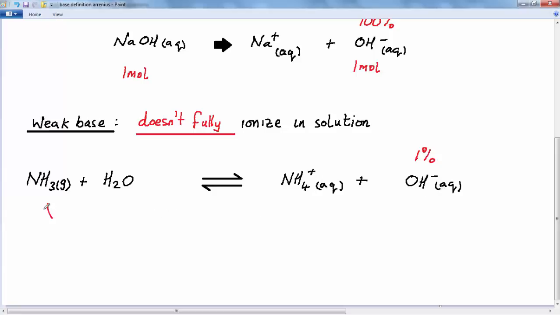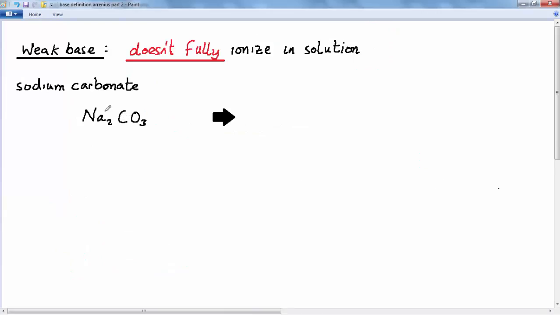Okay, so we can say 99% remains in solution as a dissolved gas. Only about 1% is converted into the hydroxide ion. So this is classified as a weak base. Other examples of bases which are not strong bases would be, for example, sodium carbonate, which dissolves in water to produce aqueous sodium ions and aqueous carbonate ions in solution.